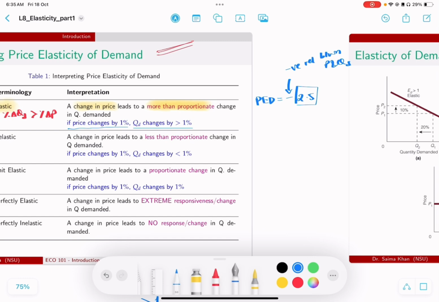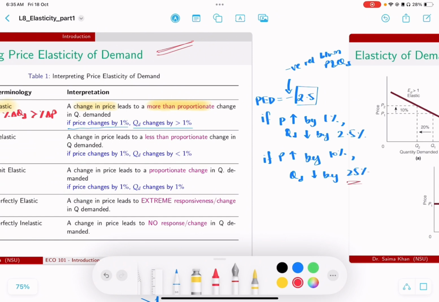Well, you're saying that if price were to go up by 1%, quantity demanded would go down by 2.5%. So similarly, if price increases by 10%, in that case, quantity demanded falls by 25%. So you can see it's actually very, very responsive, right?